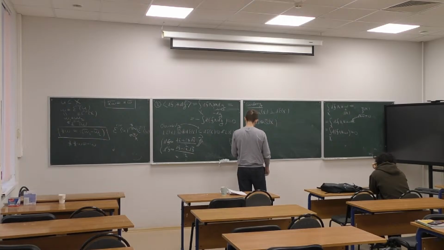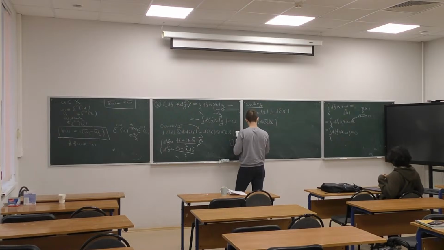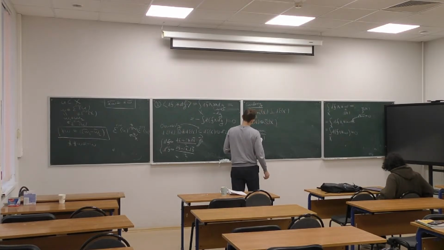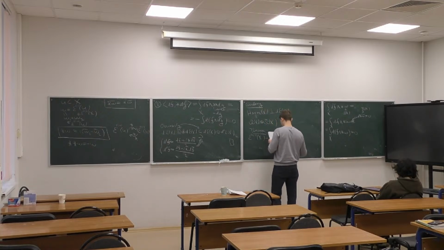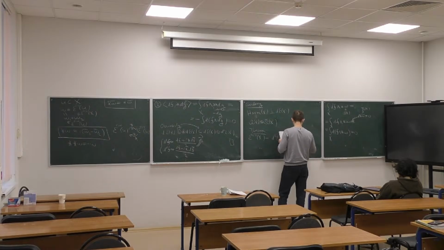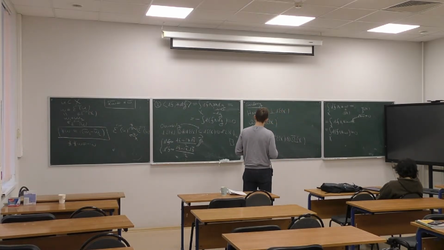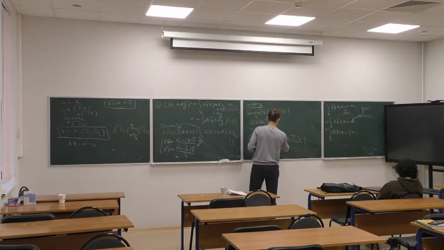Then we have a theorem saying that the space of forms of type 0,1 is the direct sum of d double prime of E(X) plus anti-holomorphic forms.